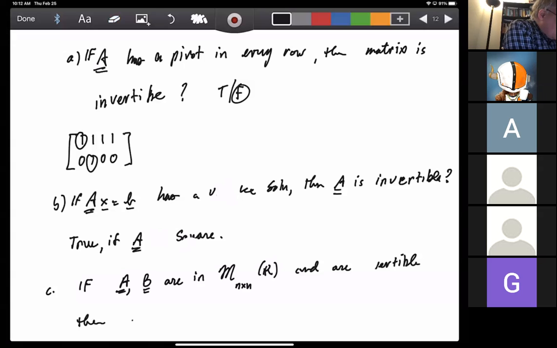Then (AB) inverse is equal to A inverse B inverse. So true or false?